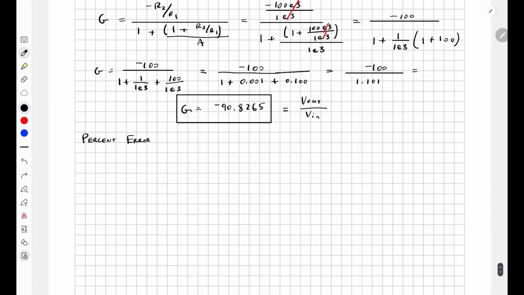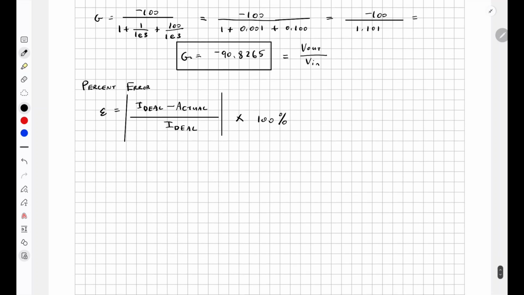To calculate percent error, you take the ideal, minus the actual, divide this by the ideal, put this in absolute value so that it is a positive number, and then multiply by 100% to convert the decimal into a percentage.